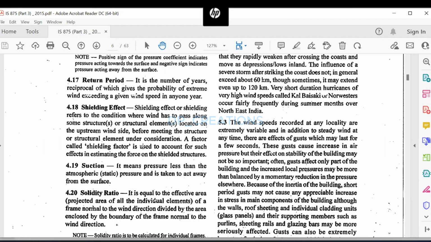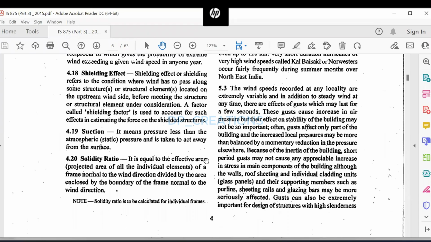That means some other small structures are there before the actual structure where you are finding the wind force. So definitely the front side structure will reduce some effect on that. That's what is called a shielding effect. Understood? It's the physical meaning of shielding only.